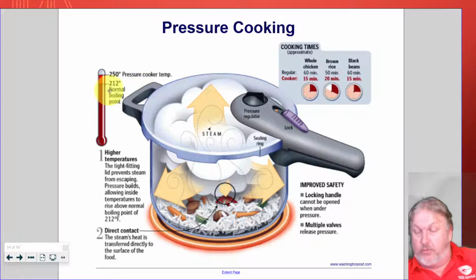All right, there's normal boiling temperature. So I increase the pressure, and this heat in this pressure sealed vessel will cook the food faster. So you can cook a whole chicken in like 15 minutes where it would take you a whole hour. Black beans in 15 minutes instead of 60 minutes. Wow.